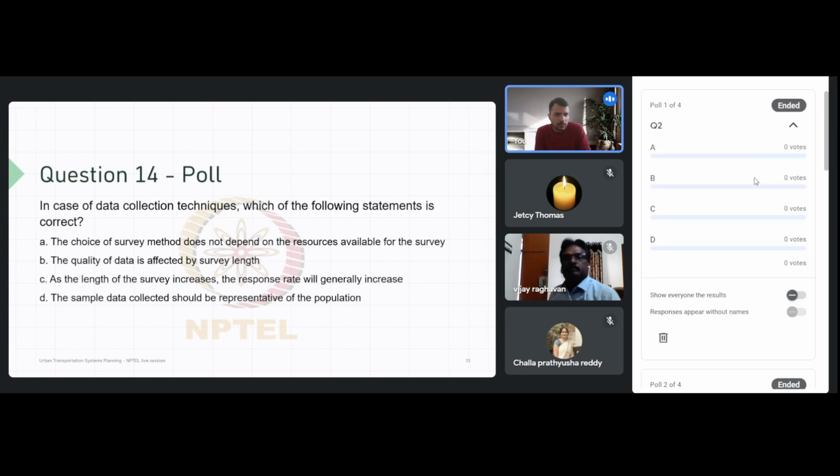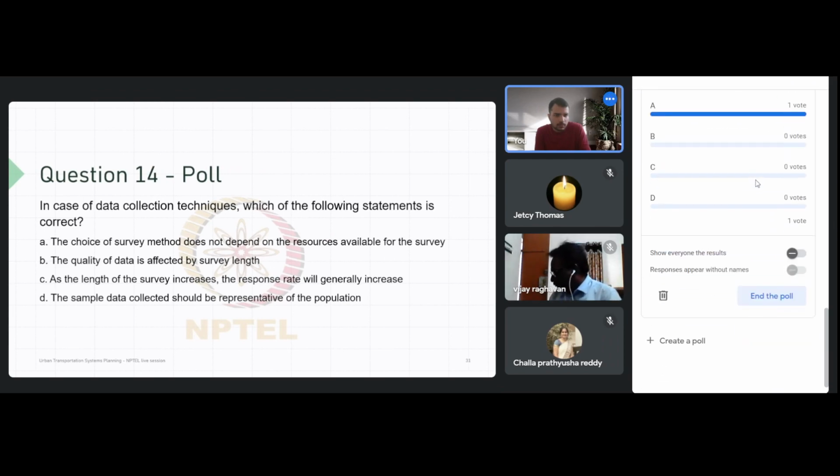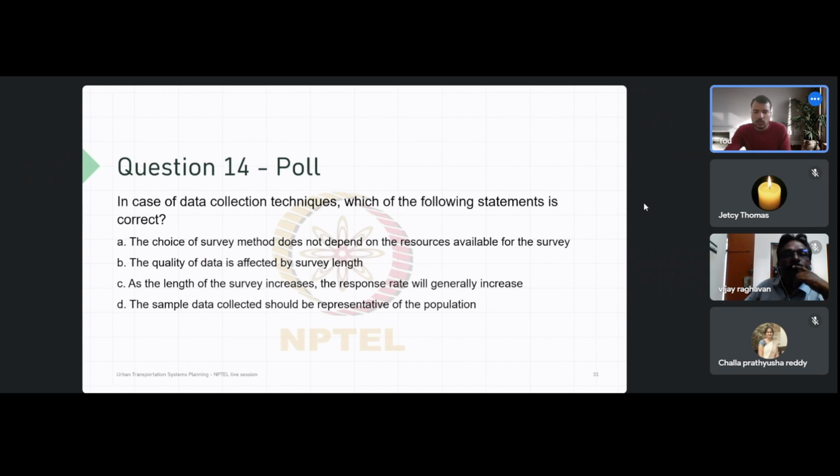Anyone in the polls? Okay. So I will end the poll now. We'll discuss the answer for this.